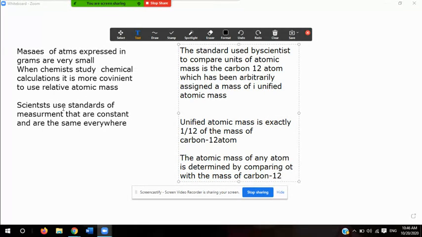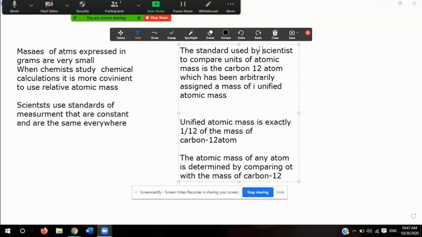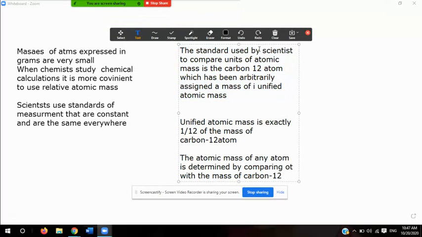So they try to use a measurement that's constant and doesn't have a lot of variation. The standard used by scientists to compare units of atomic mass is the carbon 12 atom, which has been arbitrarily assigned a mass of one atomic unit.